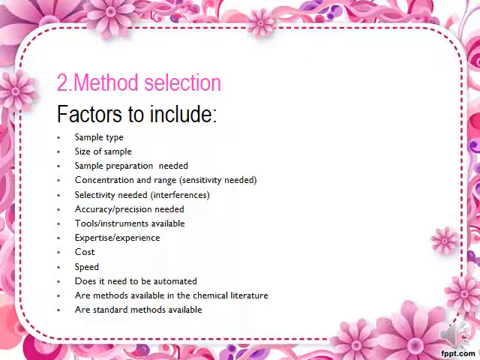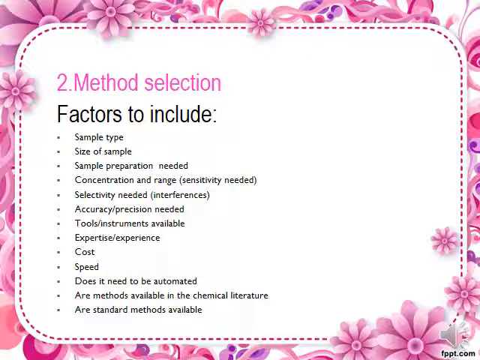And if a high-end instrument is used, is the instrument automated or not, or do we have to put the samples in one by one, okay. And are the methods available in the chemical literature, okay. Are the standard methods available, okay. So when you select a method, normally it goes back to the standard method. It must have a standard method.